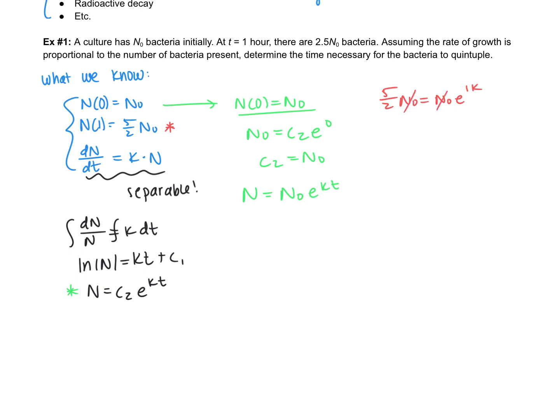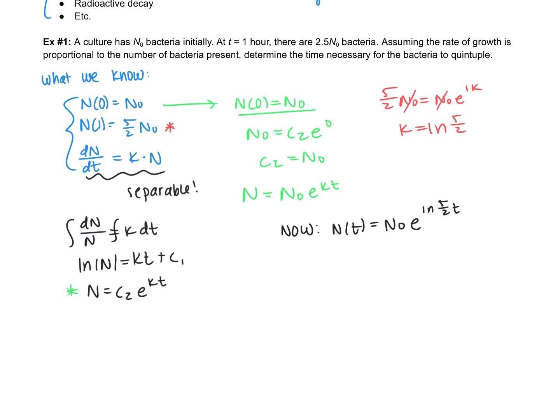If we divide out those N0s, then we get k is equal to the natural log of 5/2. So where that leads us then, our equation is N of t is equal to N0 e to the natural log of 5/2 t.